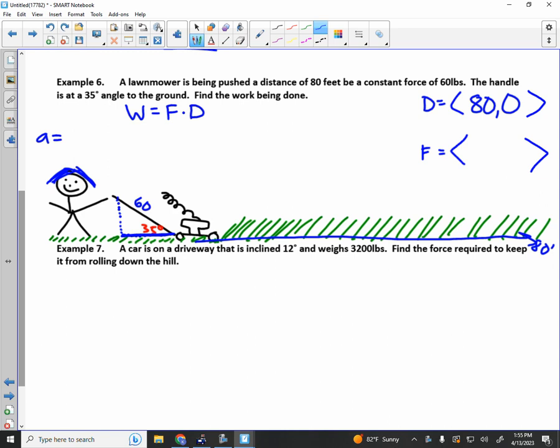It's the magnitude of the vector, which is 60, multiplied by the cosine of the angle. Remember that? We set those up the other day. And the vertical component is the same thing. It's just 60 times the sine of 35. Horizontal component, vertical component. Done.